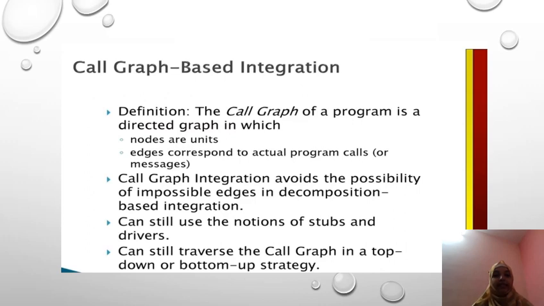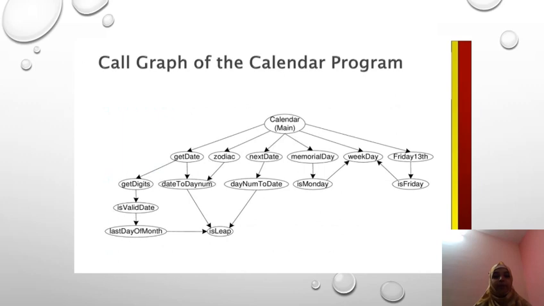It can still use the notion of stubs and drivers, and it can still traverse the call graph in top-down or bottom-up strategies. This is the flowchart of the calendar program using a call graph strategy.